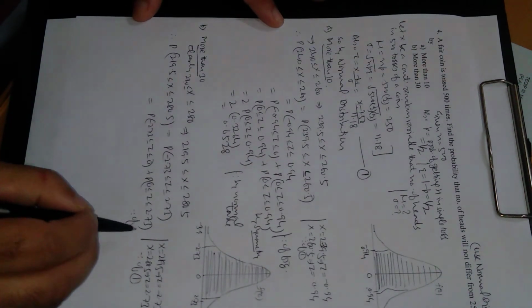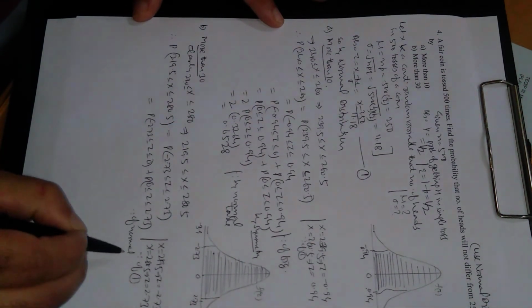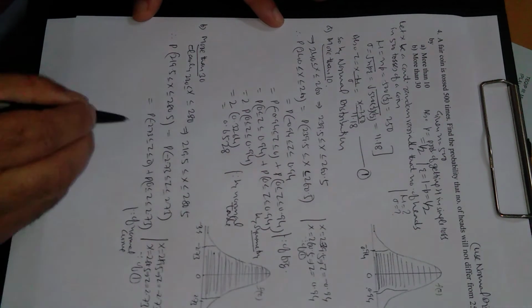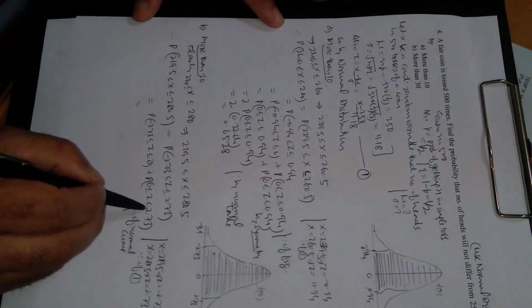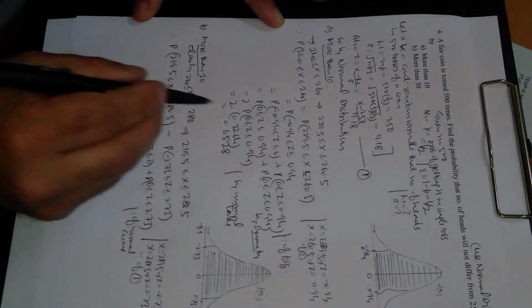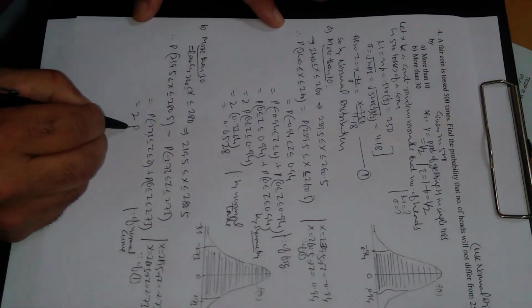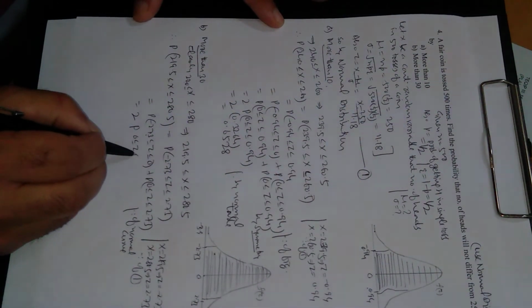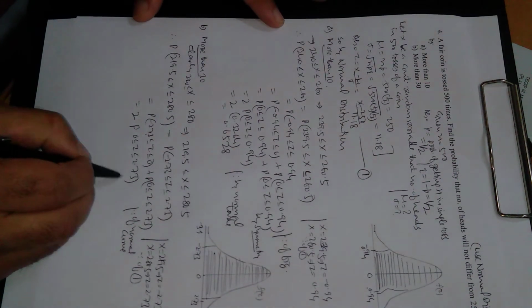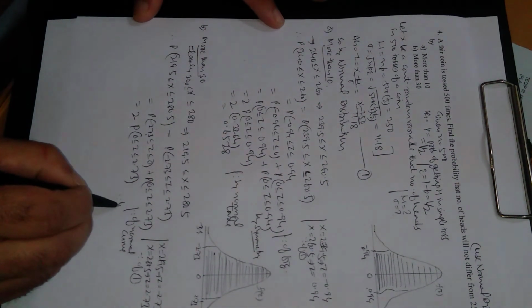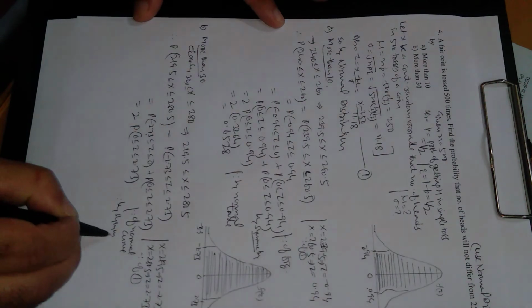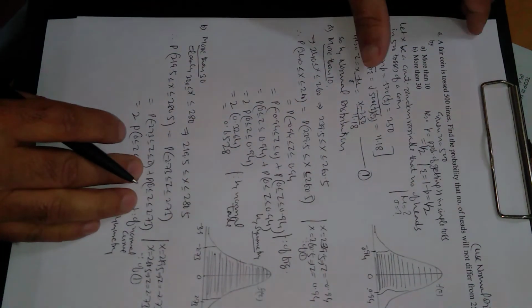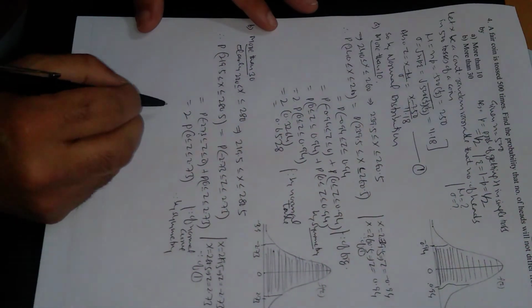Since the normal curve is symmetric, by symmetry this will be exactly the same. So this is again the same case, 2 times probability 0 less than z less than 2.73.